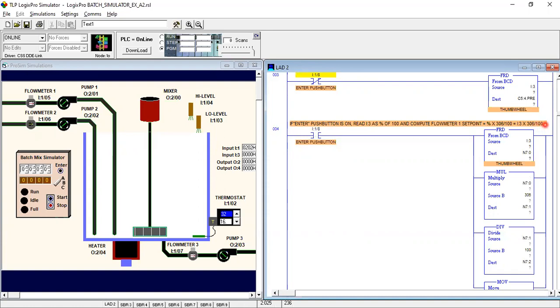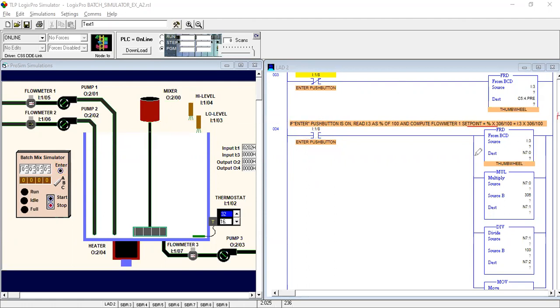This is the formula for putting the values. On the left side we have to connect the input instruction, with this addressing. This is the enter push button, and this addressing is filled in here.